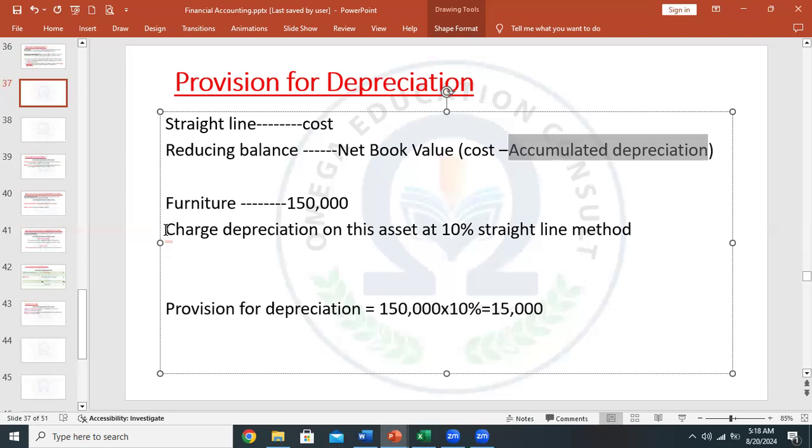Just remember that the two methods that you'll be meeting here are the straight line and the reducing balance. For the straight line, you multiply on the cost of the asset. For the reducing balance method, you multiply on the net book value, which is the cost minus previous accumulated depreciation. Please, any question on this?